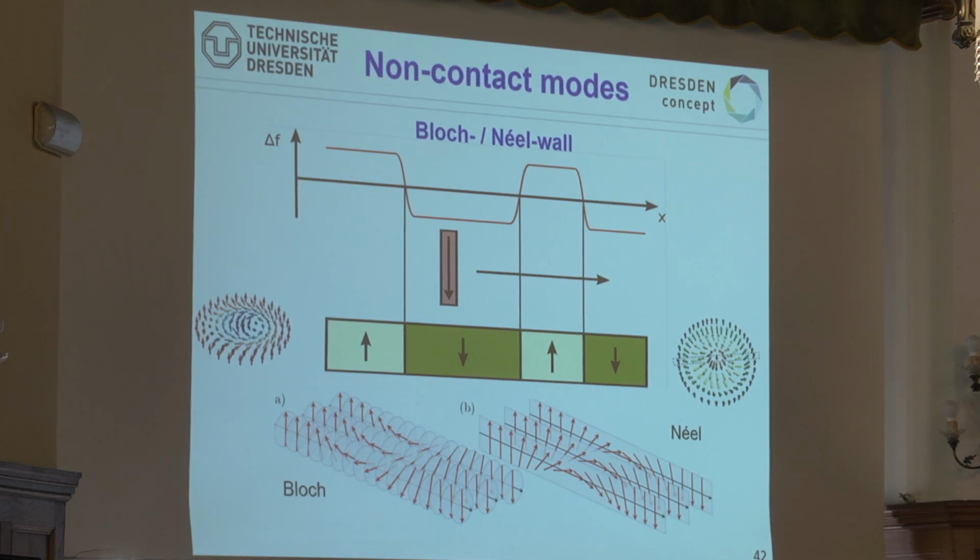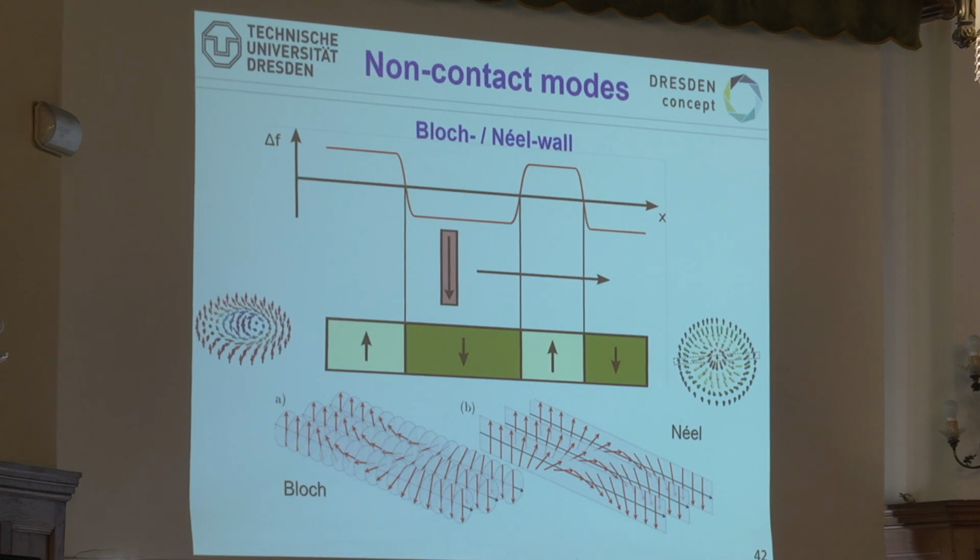But there are other ways to flip that, which means you can have, along your k vector, a rotation of that vector. Basically, it's called the Bloch wall. So your arrow turns like this. It's a Bloch transition. Or it can also turn as a Néel wall, which means you're not leaving the plane, but you're turning in the same plane. Now the question is, how sensitive am I to this, and is this affecting my phase?